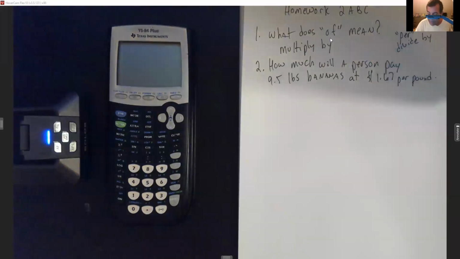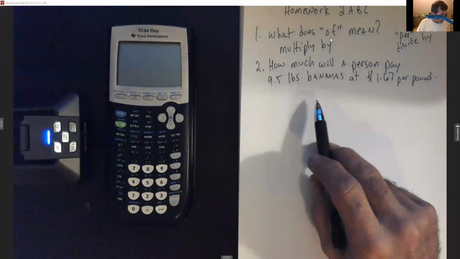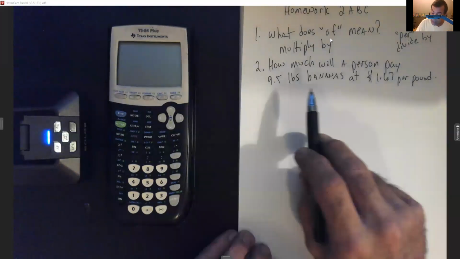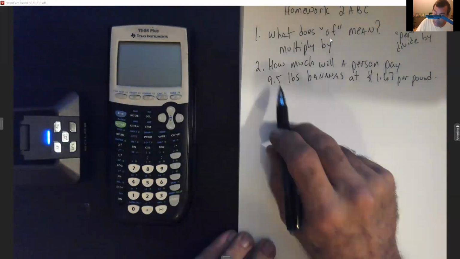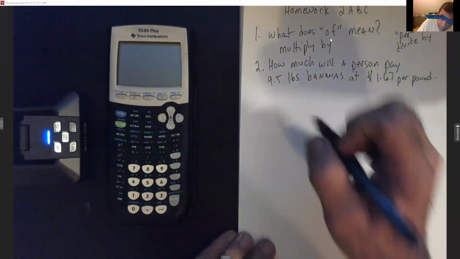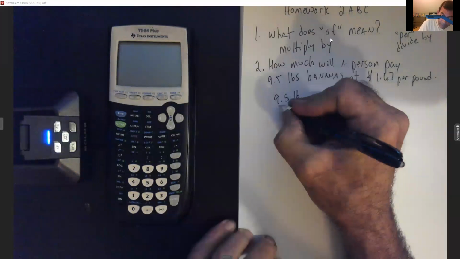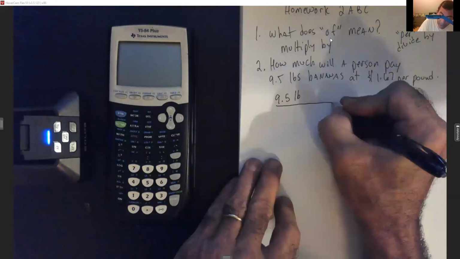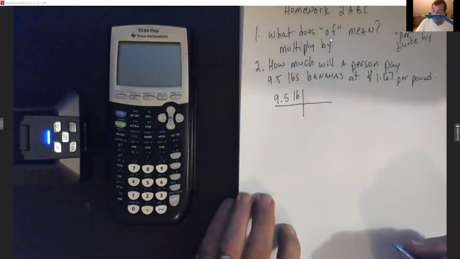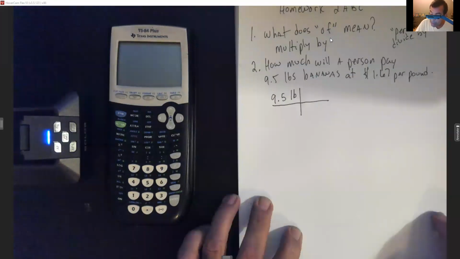So 9.5 pounds of bananas at $1.67 per pound. What you would do, we're going to take this 9.5 pounds of bananas and set up our unit conversions.